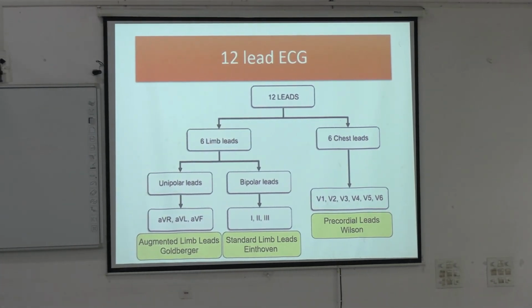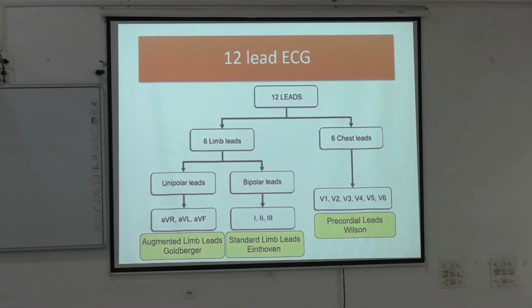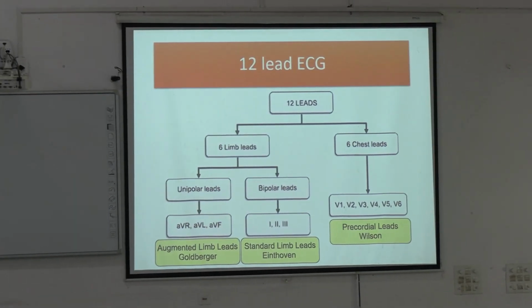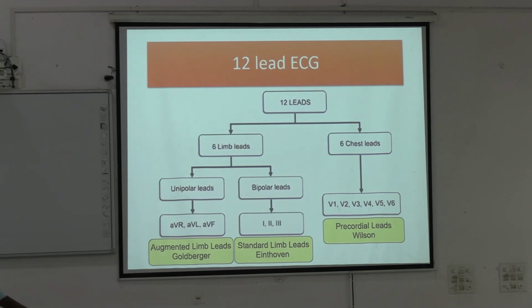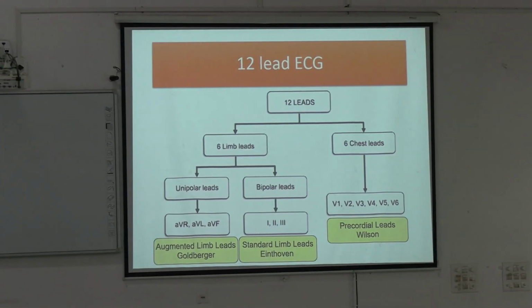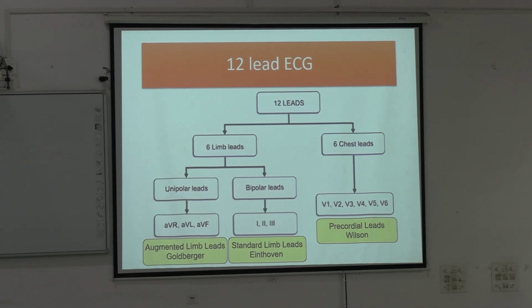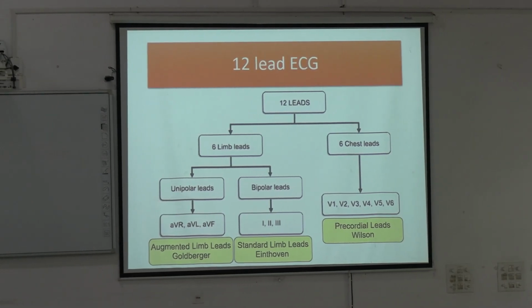Now out of these 6 limb leads, we divide them into 2: unipolar leads and bipolar leads. Within the unipolar leads we have AVR, AVL, AVF, and the bipolar leads are 1, 2, 3, right?